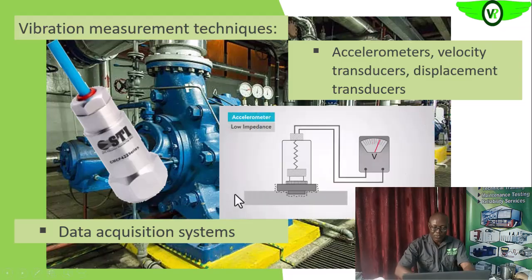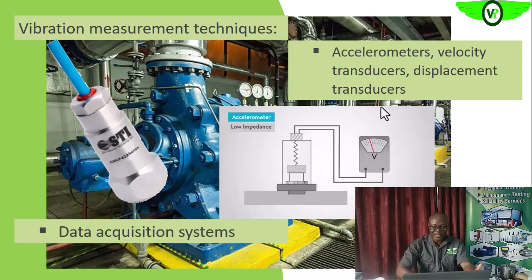So here we have the accelerometer. You see, as you place it on that particular position, the to and fro movement of the particles on that position will be converted to an electrical signal that will be recorded by the analyzer or the handheld vibration meter.